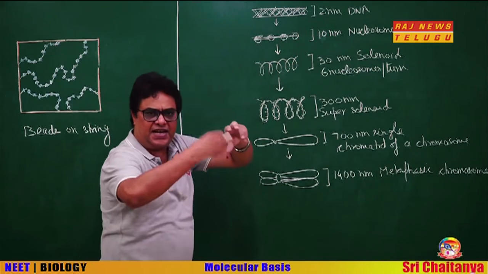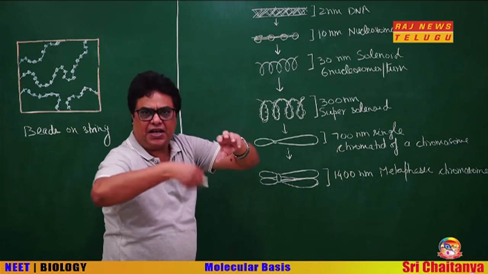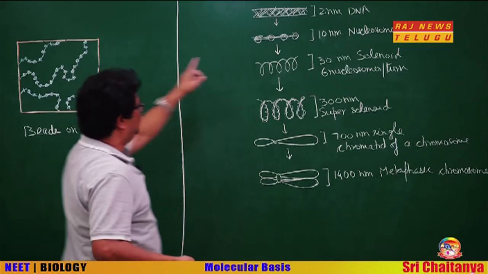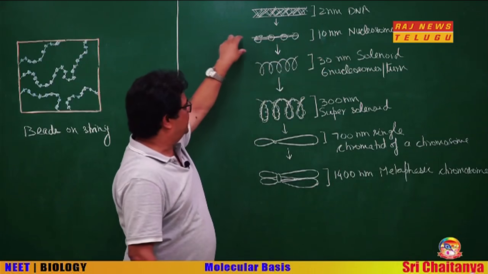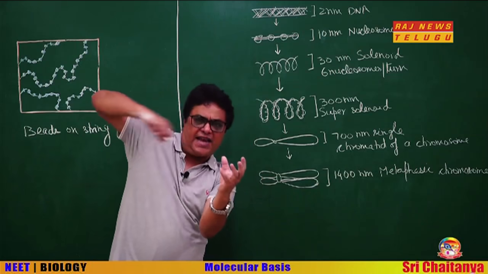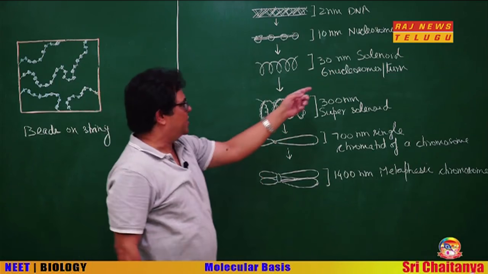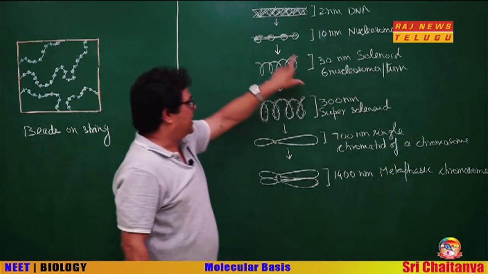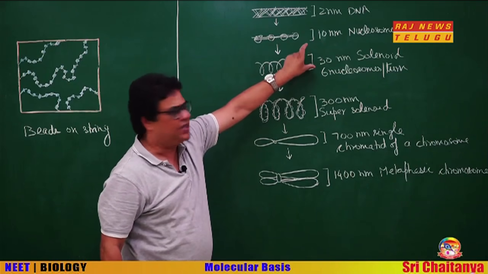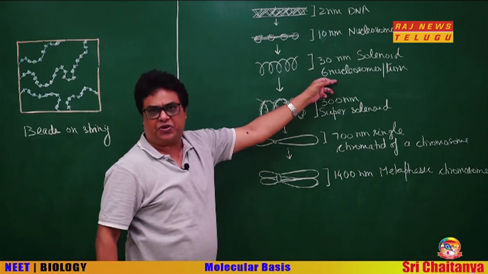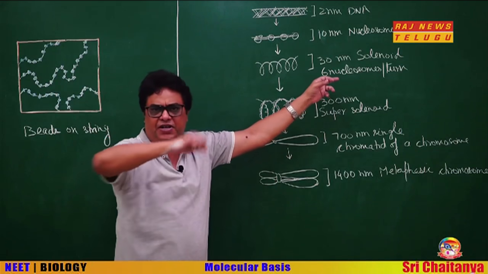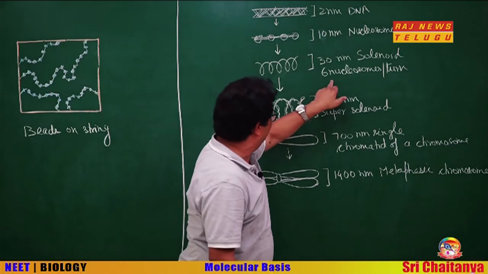When this DNA is wrapped around the histone to form nucleosomes, the diameter is 10 nanometer. This 10 nanometer thread is again coiled to form a structure called solenoid. The diameter of the solenoid is 30 nm, and in one turn of the solenoid there are 6 nucleosomes.